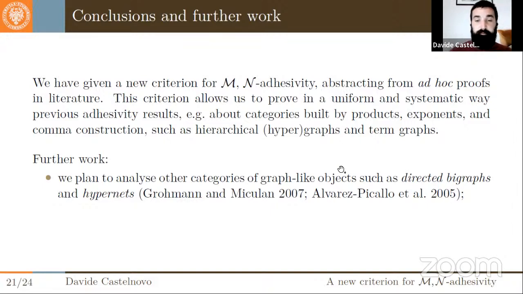But there is this paper by Fabio Zanasi, Alvarez Picallo, Dan Ghica, and David Sprunger about these hypernets and how they can provide a semantics for monoidal closed categories. They are really hierarchical in nature, but we don't know if they enjoy some kind of M N-adhesivity properties, and it would be fine to study this kind of stuff.